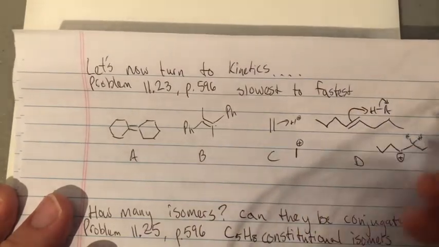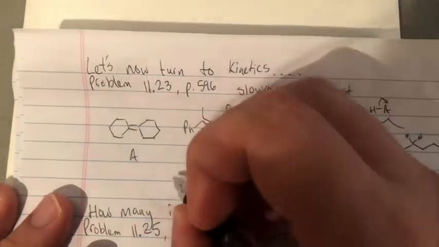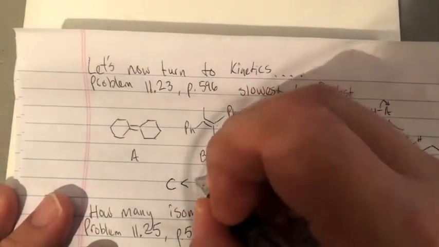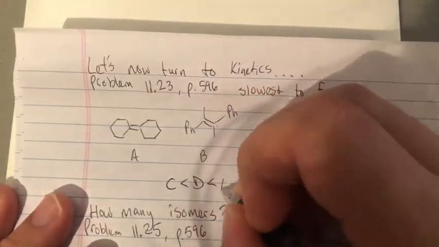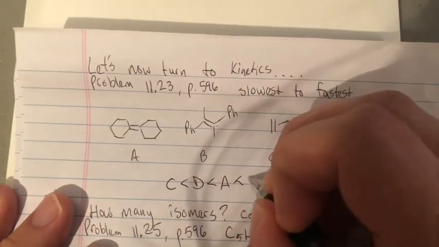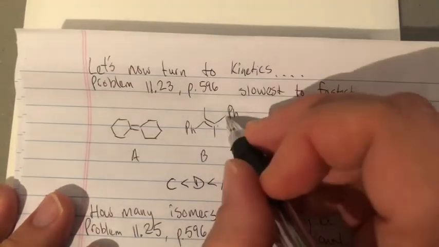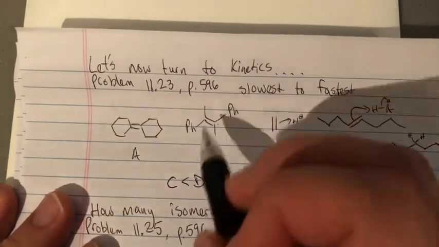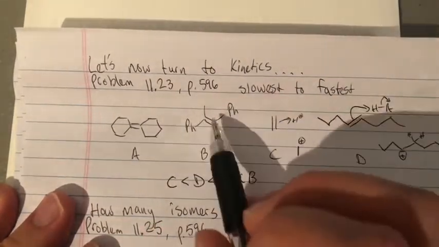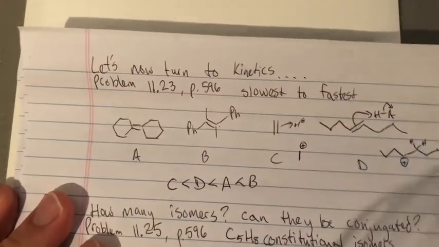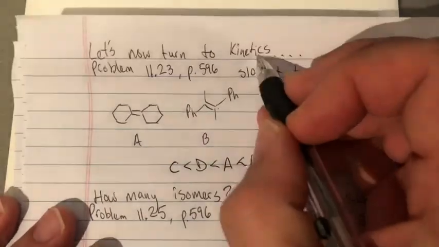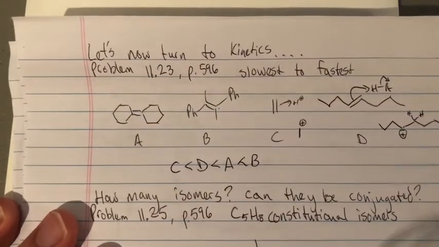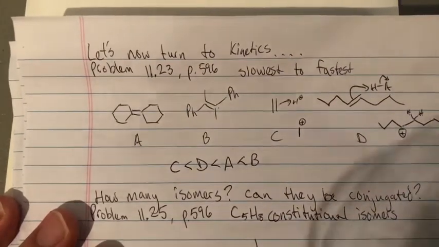C is going to be least reactive, followed by D, followed by A, followed by B. Again, resonance stabilization is really going to be the edge here between A and B. Kinetics doesn't necessarily mean that things won't happen. We're just talking about a matter of when, not if.